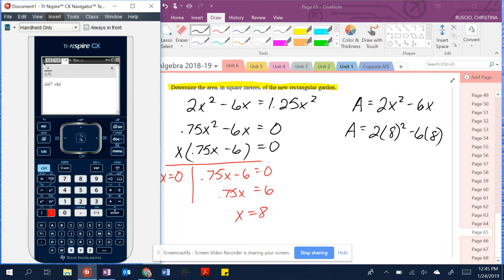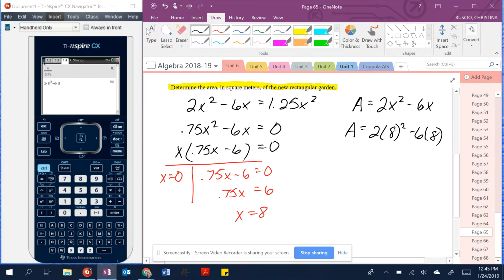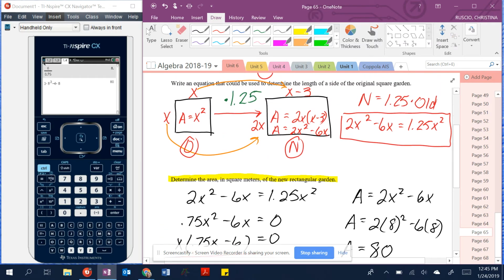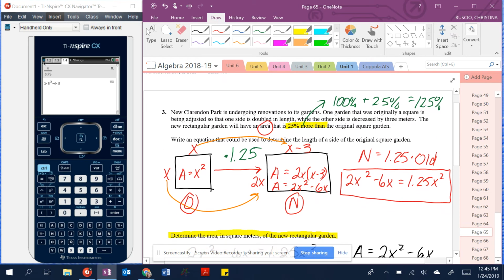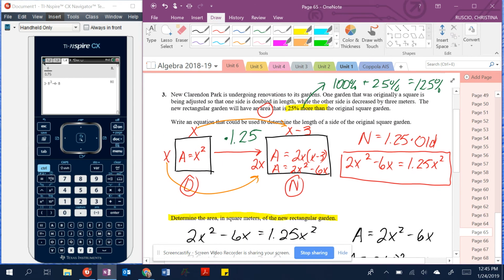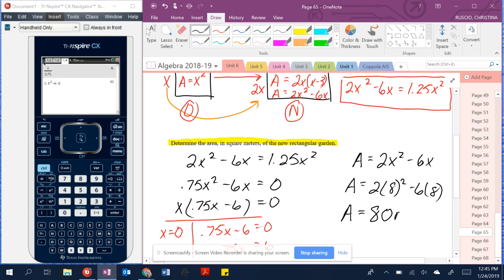Using a calculator to aid with simple math stuff like this, when you're doing so much other algebra, you're not lazy, you're just working a little bit more efficiently. In this case, we would have area is equal to 80 what? What's my unit? We're dealing with area, so we got to square it. Meters again, so meters squared.